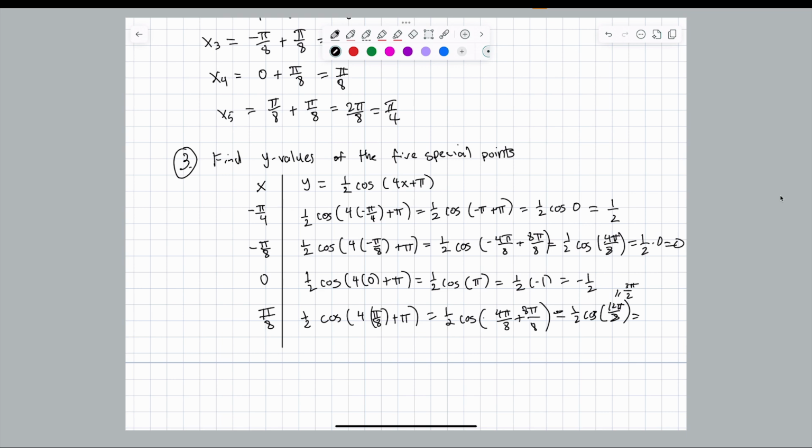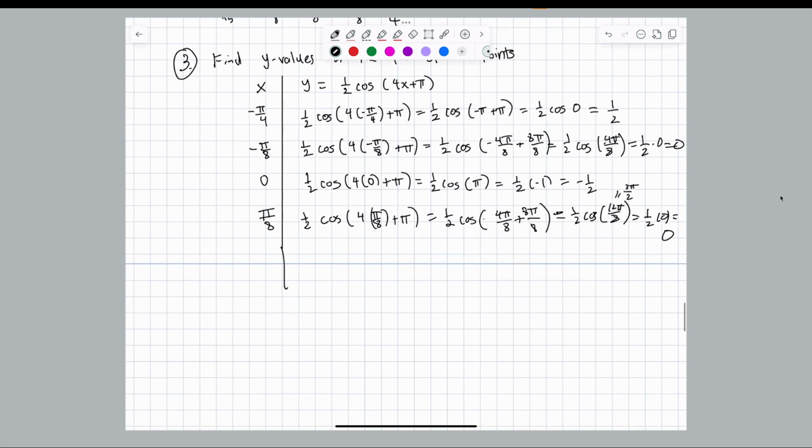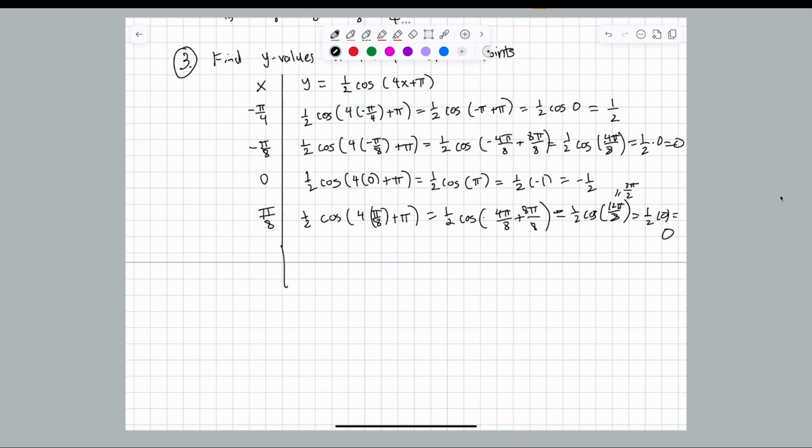And so we know cosine is 0 at 3 pi over 2, so we have 1/2 times 0, which gives us 0. And our next x value would be pi over 4, so we have 1/2 cosine of 4 times pi over 4 plus pi, so that gives us 1/2 cosine of pi plus pi. In other words, 1/2 of cosine of 2 pi. So that's 1/2 times 1, which gives us 1/2.